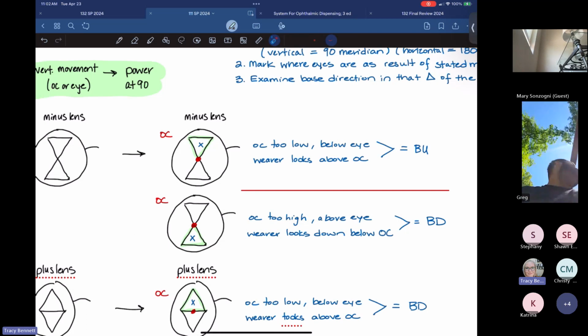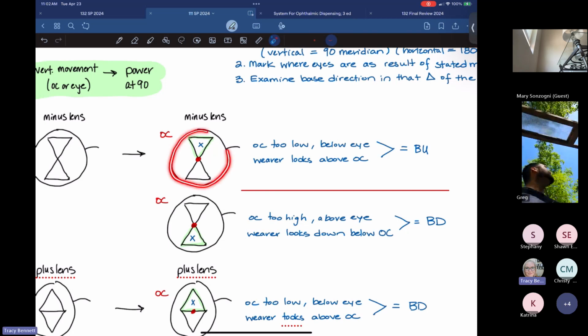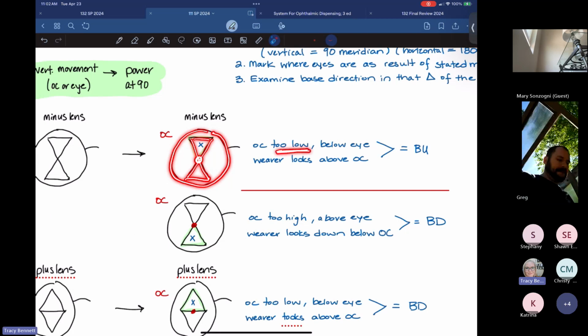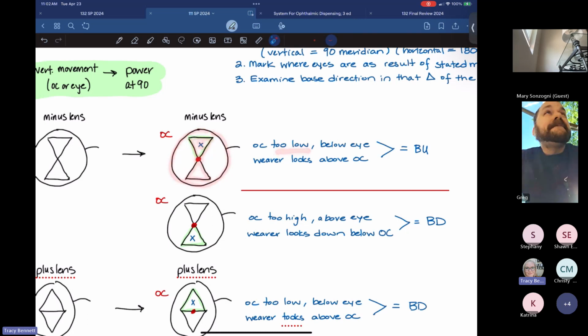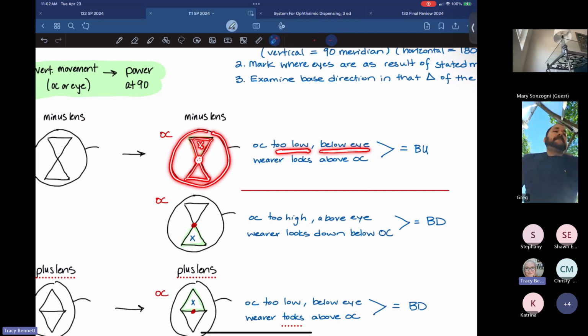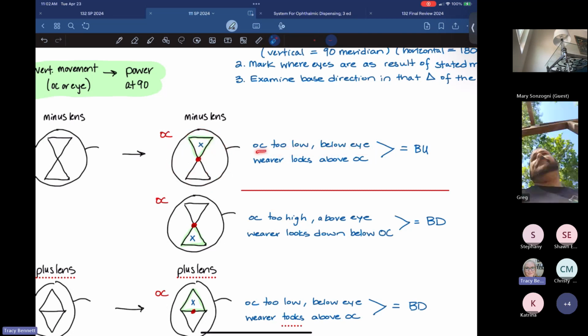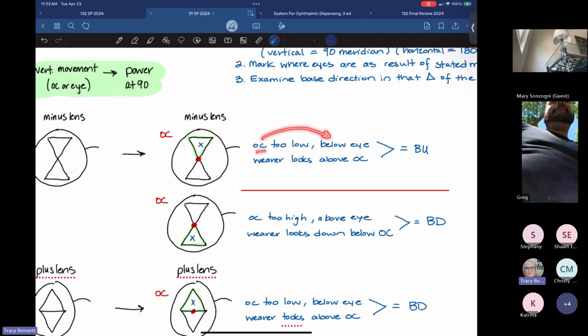So again, just draw your lens out, draw the style you need, mark your OC, and then decide, well, what happened? So the OC is too low, then boom, that puts me up here, base up. Wait, below the eye. No, this is saying the OC is below the eye.